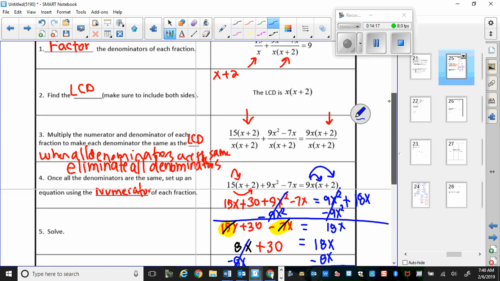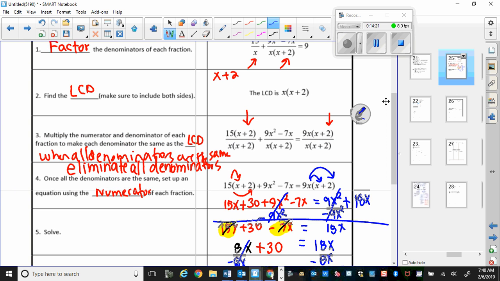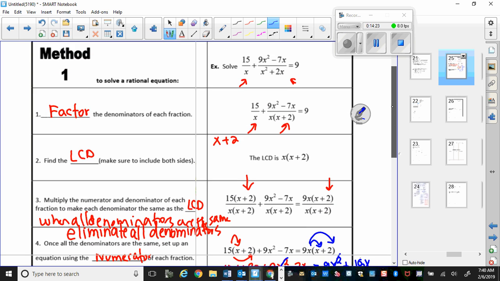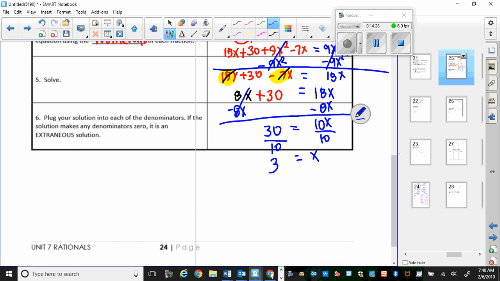So we have 15 over x, sorry about that. We have 15 over x plus 9x squared minus 7x over x squared plus x equals 9.